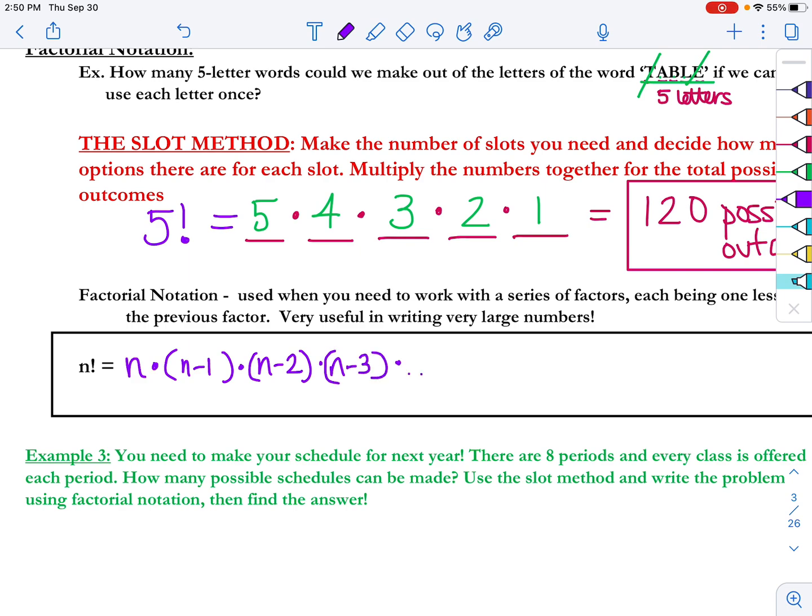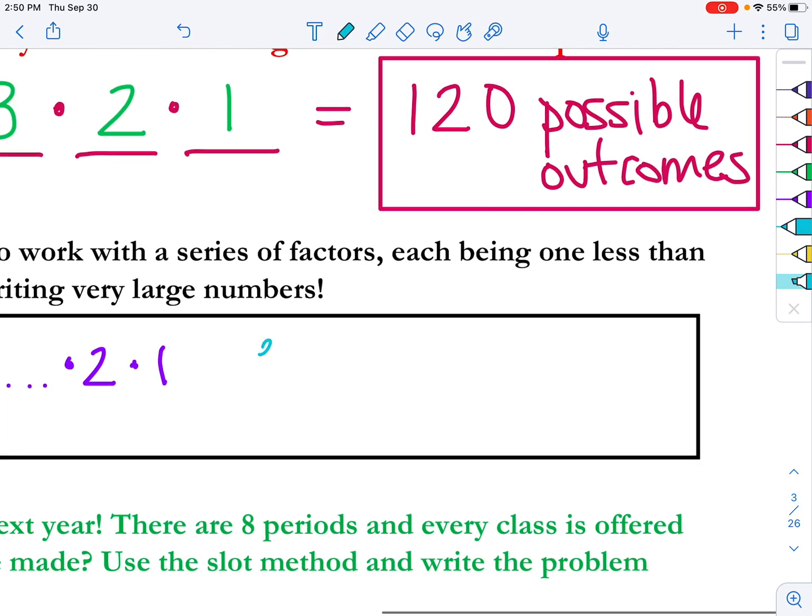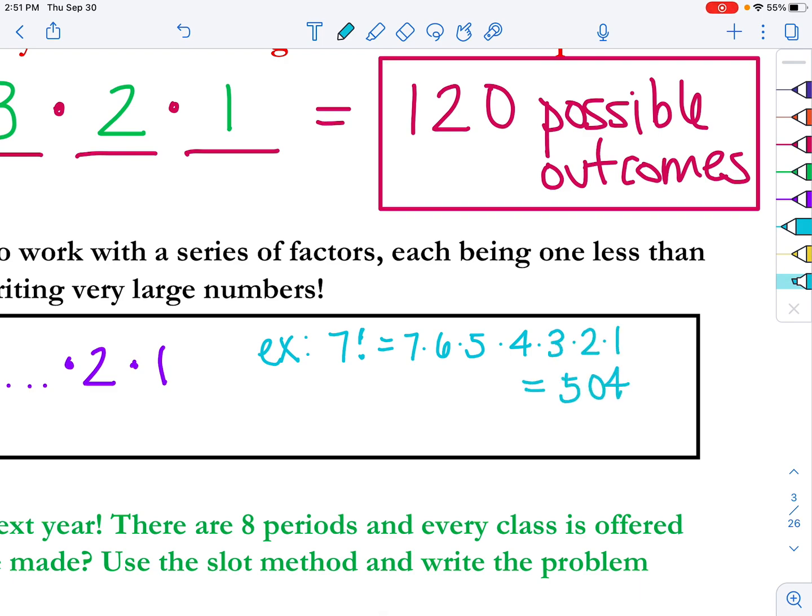So we're going to keep multiplying all the way until we get down to 2 times 1. For n factorial, you take the number and multiply it, decreasing by 1 all the way down until you get to 1. So for example, 7 factorial would be 7 times 6 times 5 times 4 times 3 times 2 times 1. It's going to be really big. It's 5,040.